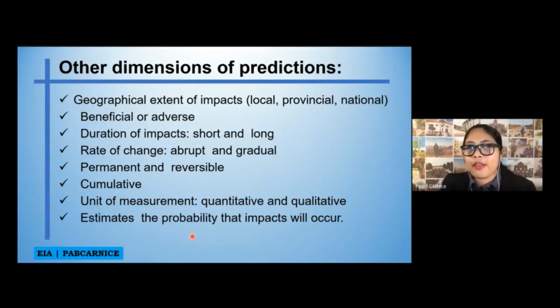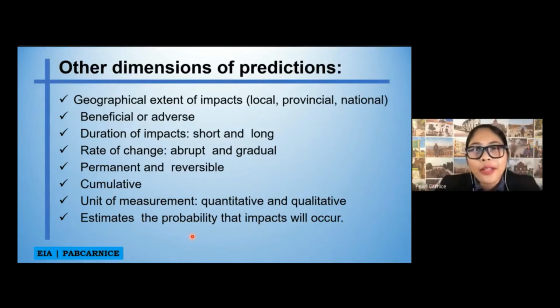For example, we are going to ask people after 10 years what is the positive impact of the project. We can ask them through a survey questionnaire, and the choices would be, let us say, strongly agree, disagree, strongly disagree, then that is considered a qualitative unit of measurement.